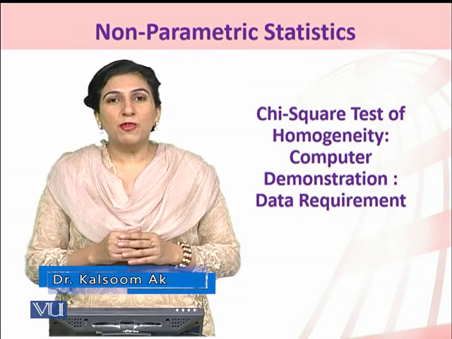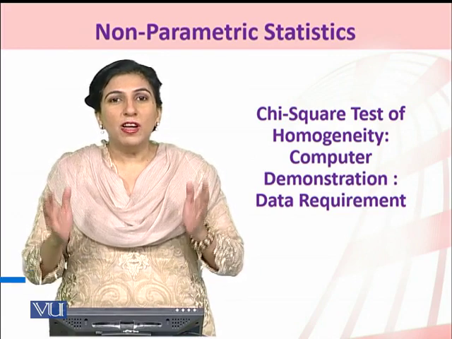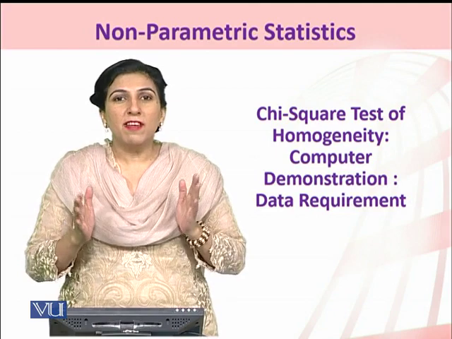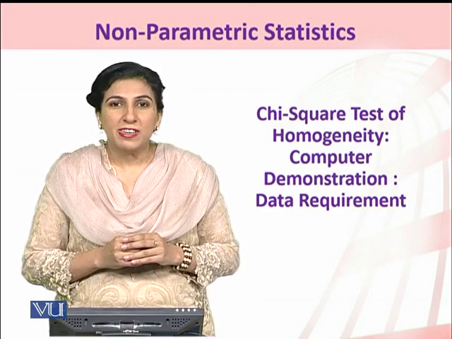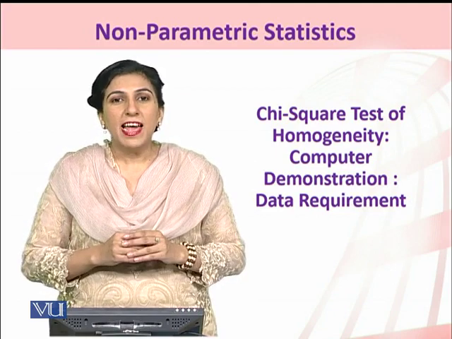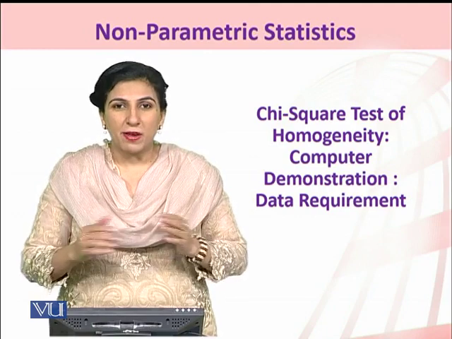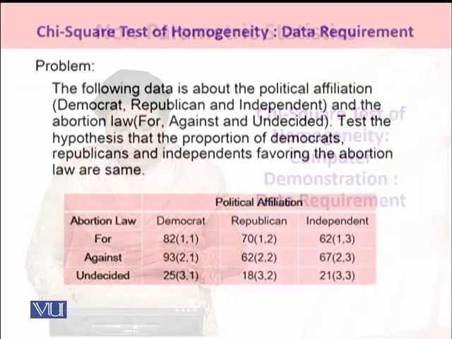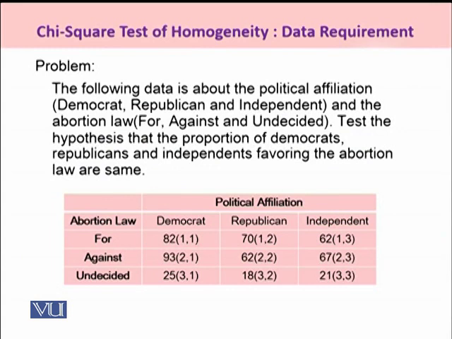Now I would explain to you how to enter a problem relating to the test of homogeneity in SPSS and what the data requirements are. Students, the problem of interest was the following data that is being shown to you in the form of a contingency table.